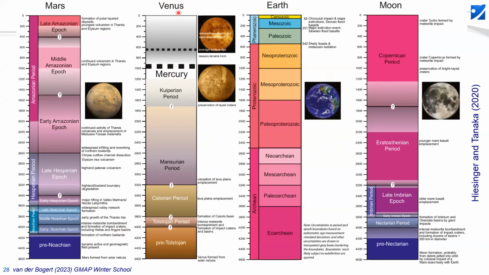For example, Venus, because most of the surface seems to be about 300 million years old, which is totally interesting on its own. And then Mercury is a bit enigmatic in terms of not really knowing exactly how the crater mechanics are affected by it being so hot there. It's so close to the sun where the impact velocities are higher. But we can at least start getting a feeling for the progression of events here.